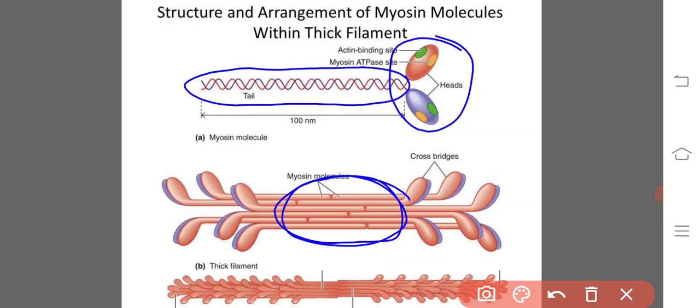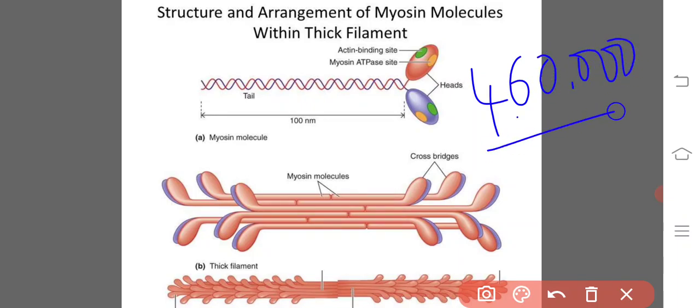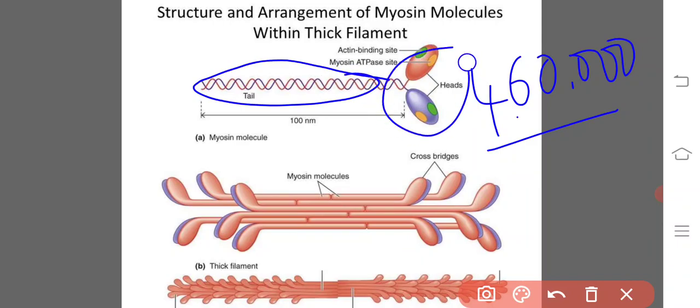The molecular weight of a myosin molecule is about 460,000 daltons. These molecules have two regions: one is the tail, another is the head region.